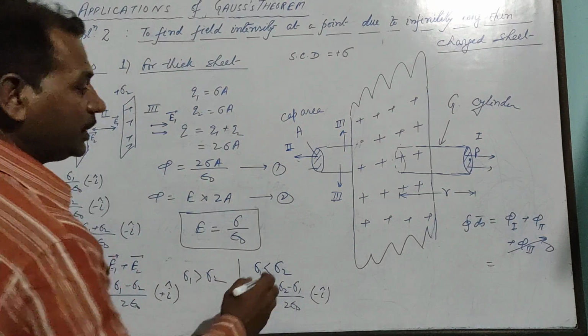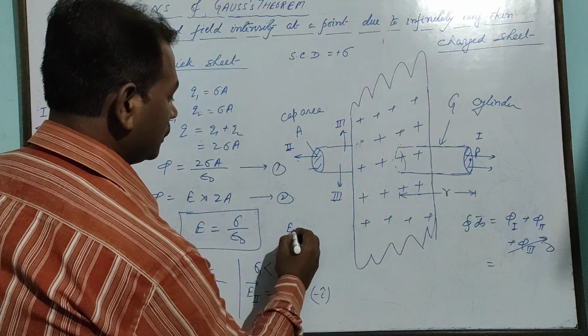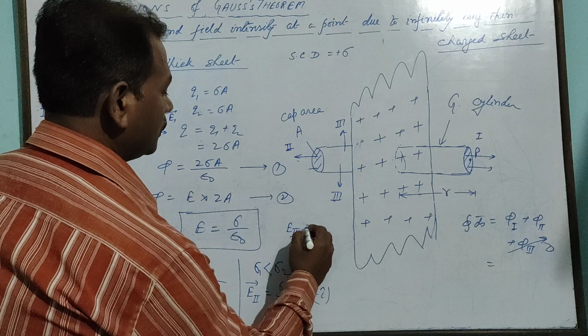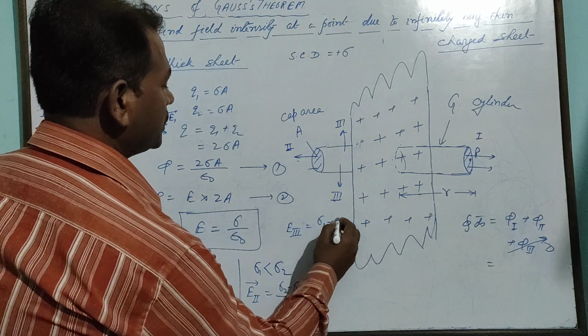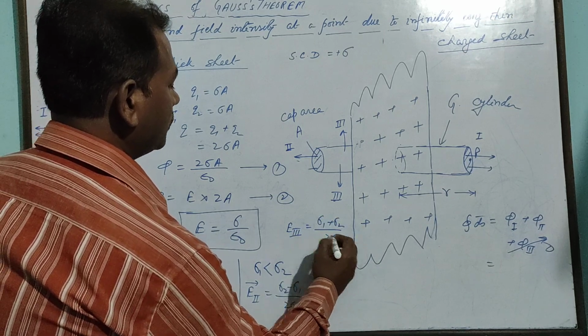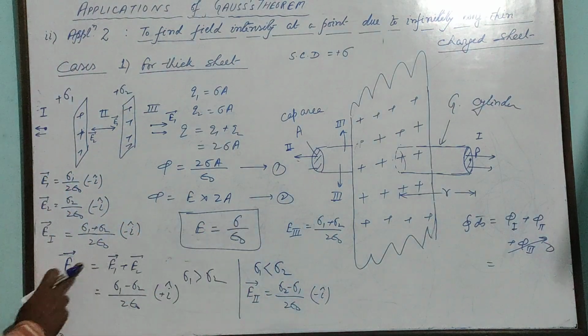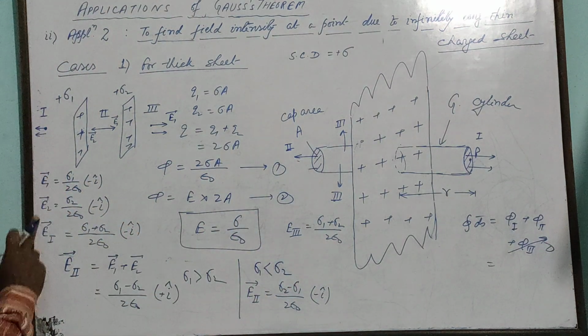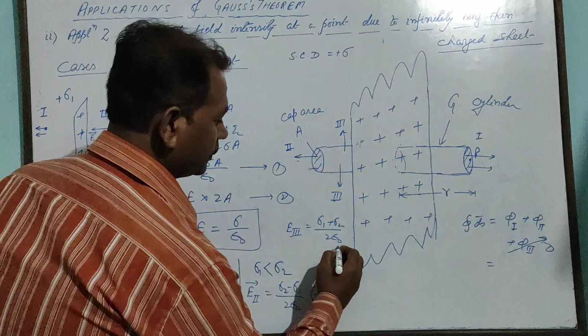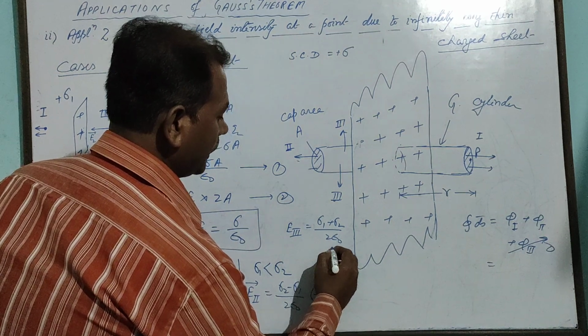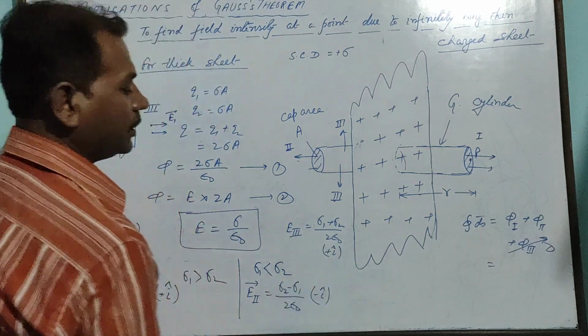So in zone 3, again sigma 1 plus sigma 2 by 2 epsilon naught will come. The magnitude will be similar to zone 1, the only difference is in direction, which on this side will be plus i.